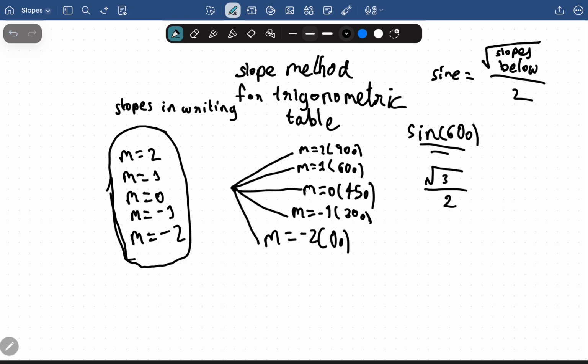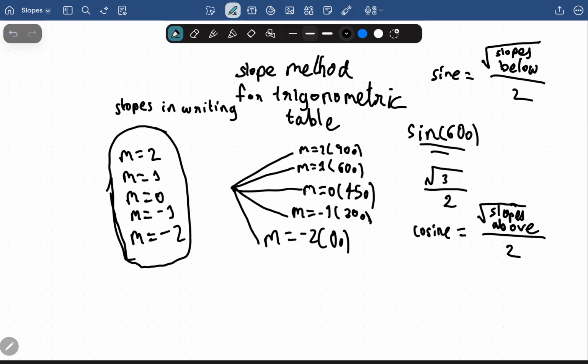If you see any trigonometric table, that should be correct. Then we have cosine. Cosine is the square root of slopes above, for a change, over 2.